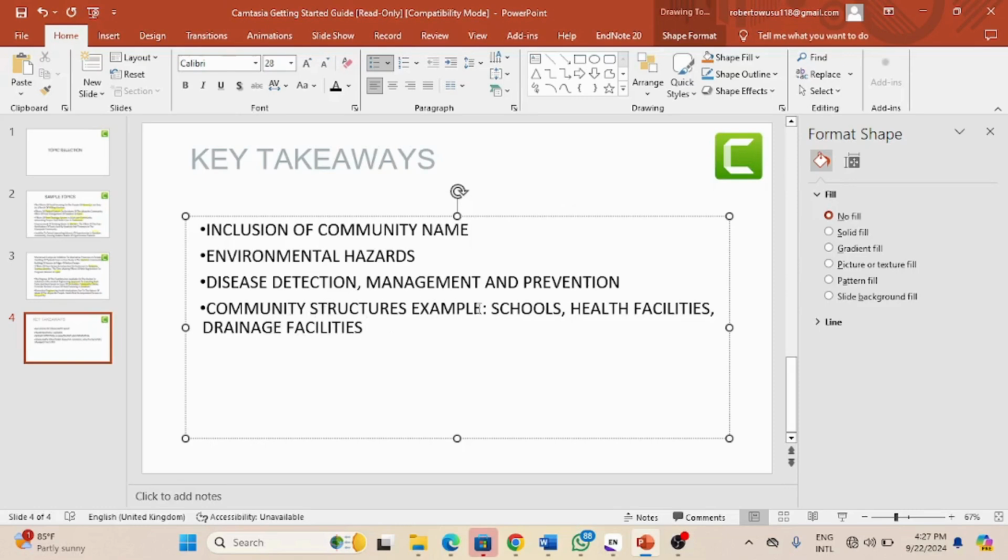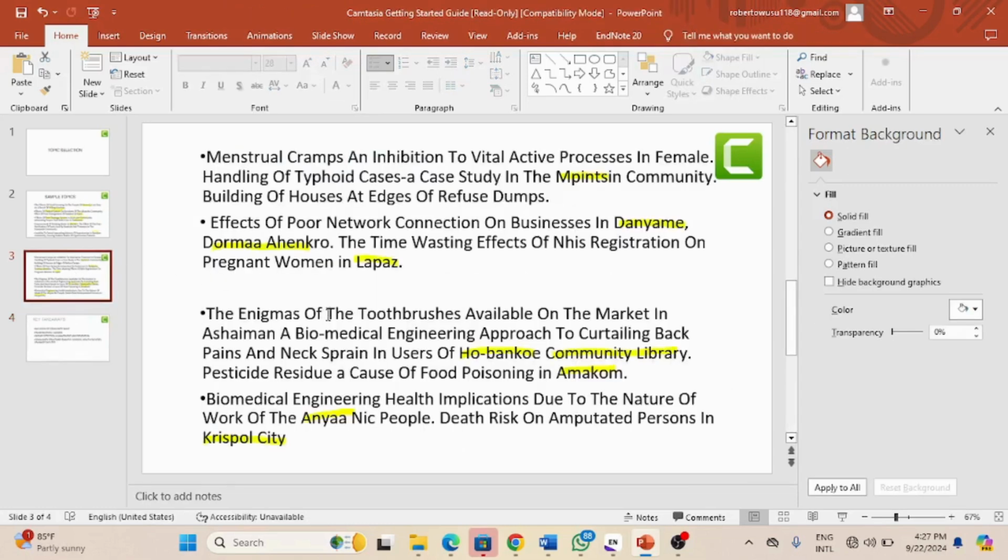So how are these structures affecting the lives of people in the community? And how do you think you can bring out an innovative idea to improve upon these structures or improve upon the lives of the people despite the threats these structures are posing?